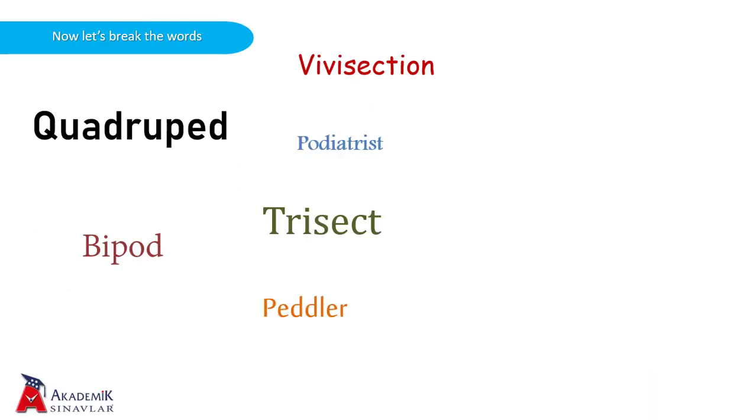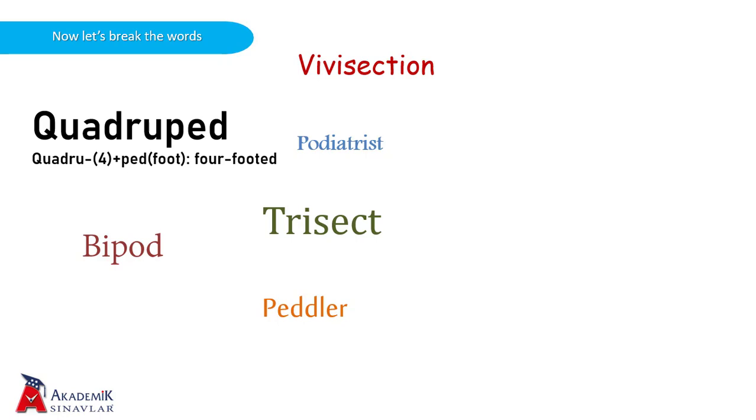Now, let's take another look at these vocabularies. Well, we are going to break the words. First, we will start with quadruped. What was quadr? It was 4. Ped, foot. So quadruped means 4-footed.